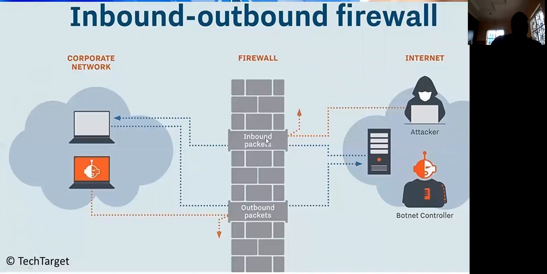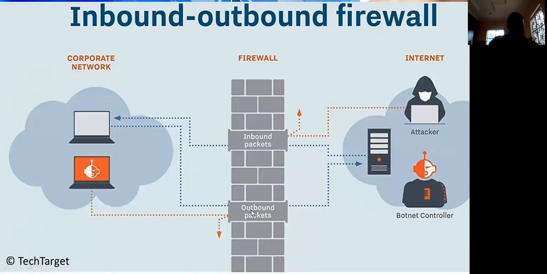But at the same time, it is also blocking attackers coming from the internet from accessing your system. That is the purpose of the inbound rule. We set a rule for any communication coming from the internet through the inbound rules, and you either prevent or allow it, depending on the kind of configuration you have made.